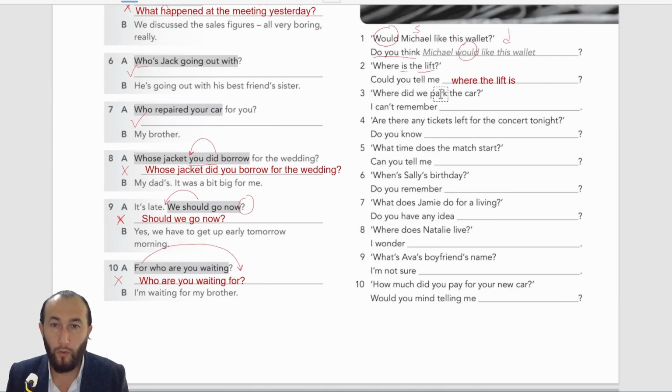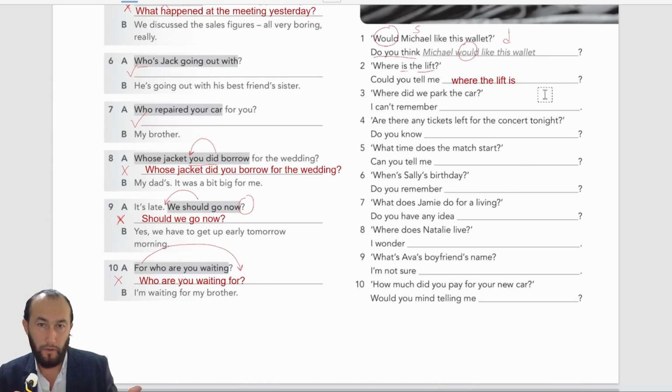Number three, where did we park the car? As you can see, it's a direct question, and we're using did as an auxiliary for the past simple question, right? Now, if I want to make it indirect, I can't remember. Actually, this is a sentence structure. It's not even a question. Sometimes we can ask through a normal sentence, like I wonder, I can't remember, I would like to know.